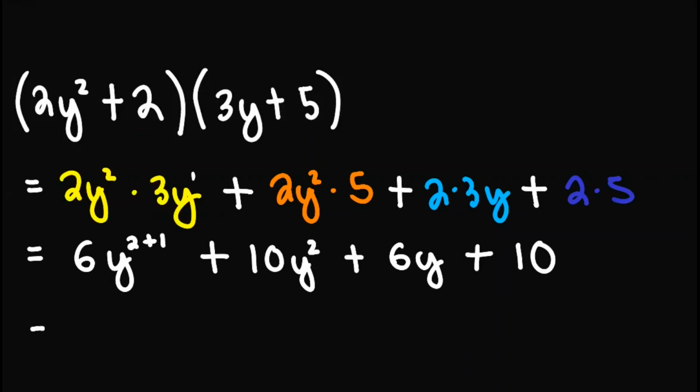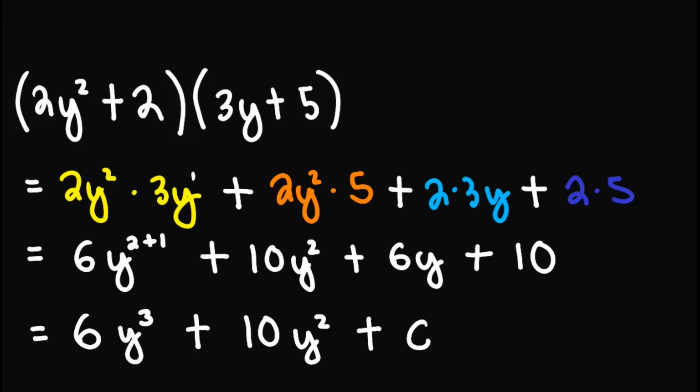And simplifying further, we can still simplify this to obtain 6y cubed plus 10y squared plus 6y plus 10. And that is the answer for this one.